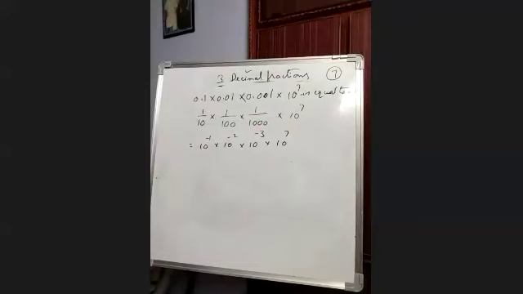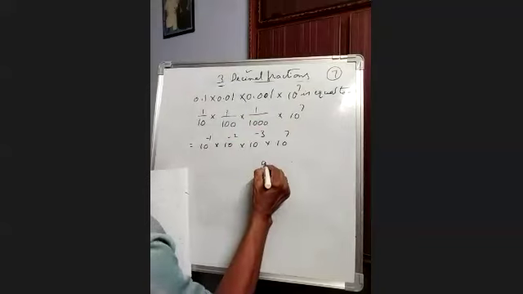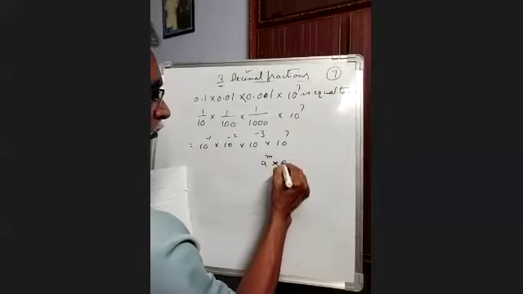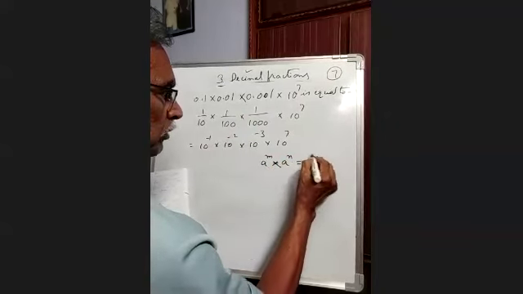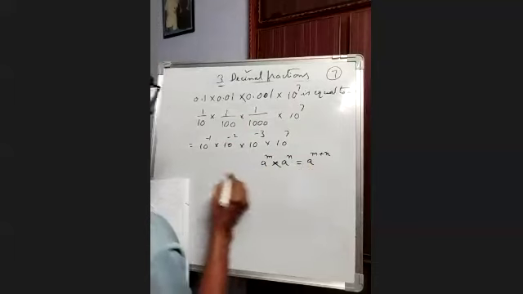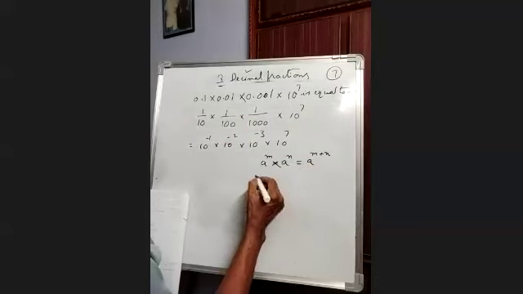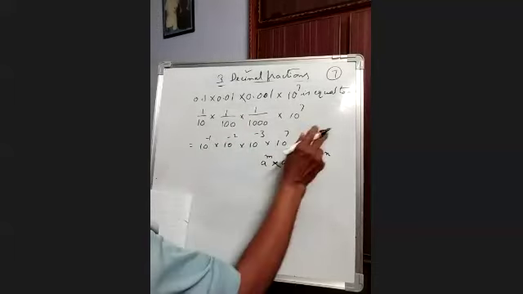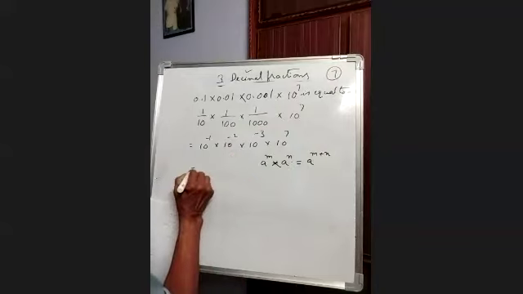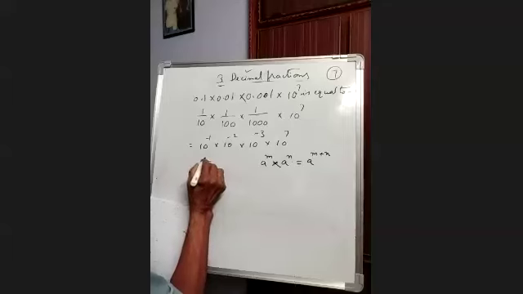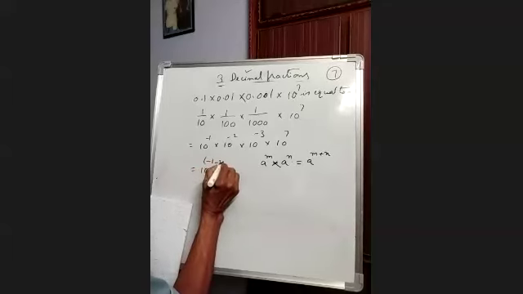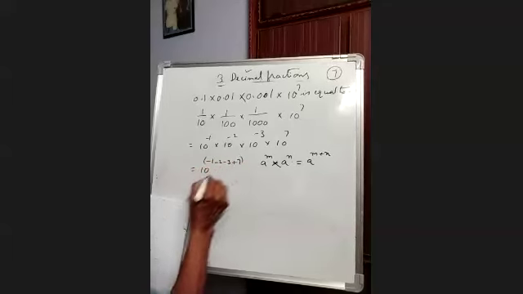A to the power of m into a to the power of n is equal to a to the power of m plus n in indices. So similarly, all indices can be added. Here, 10 to the power of minus 1, minus 2, minus 3, plus 7.